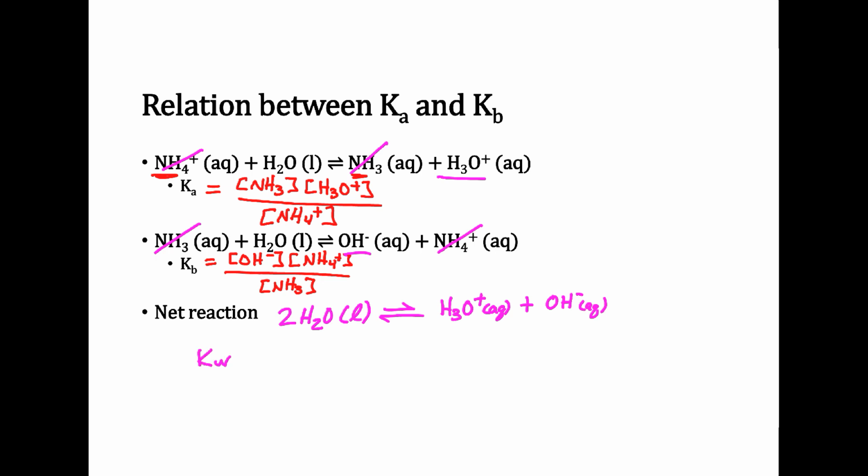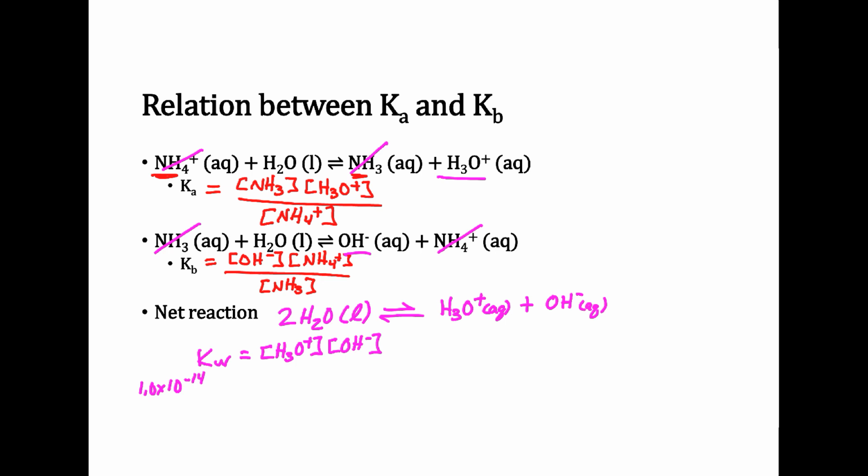So remember that Kw is equal to the concentration of hydronium times the concentration of hydroxide. And at 298 Kelvin, Kw is 1.0 times 10 to the negative 14th. So how does Kw relate to Ka and Kb? So previously, whenever we first started looking at equilibrium constants, we looked at combining reactions and then trying to calculate a new equilibrium constant.